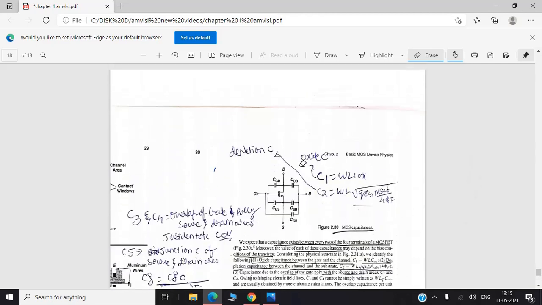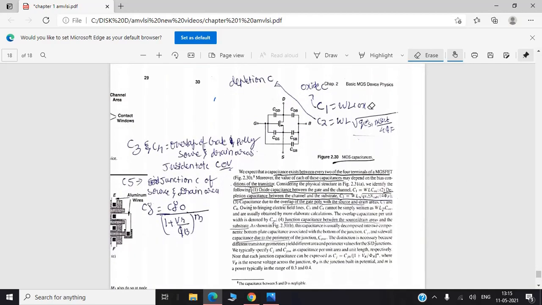Now we will see what C1 is. C1 is given by W L into Cox, that is width into length of the gate into the gate oxide capacitance. Then C2 is given by W L times the square root of q epsilon N sub by 4 phi F. C3 and C4 are nothing but the overlap of the gate polysilicon with the source and the drain areas.